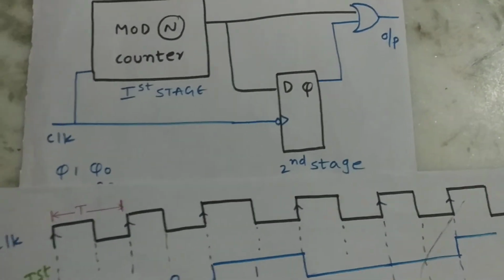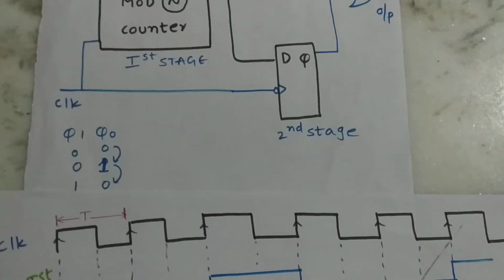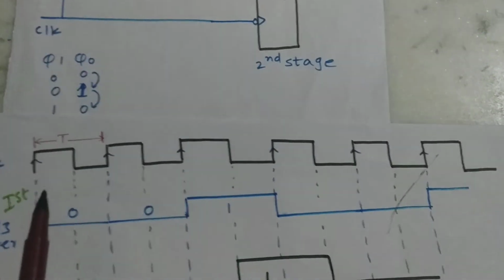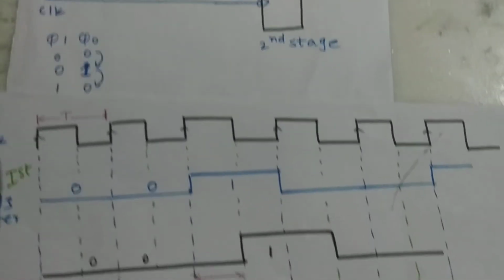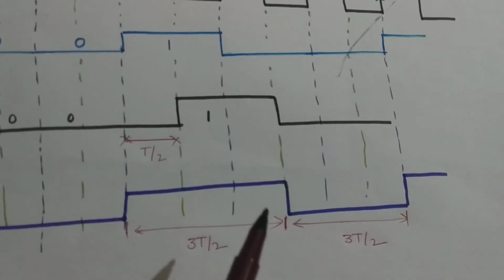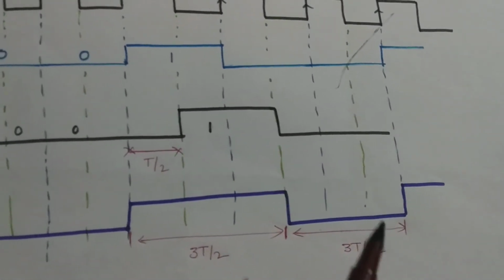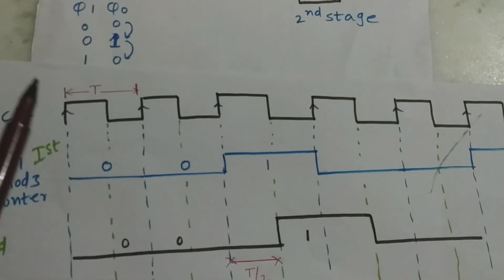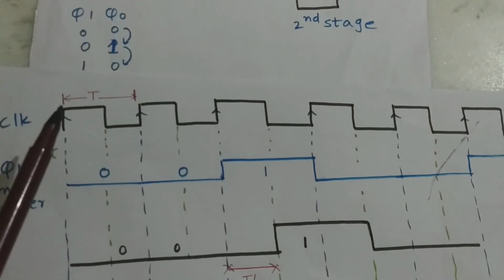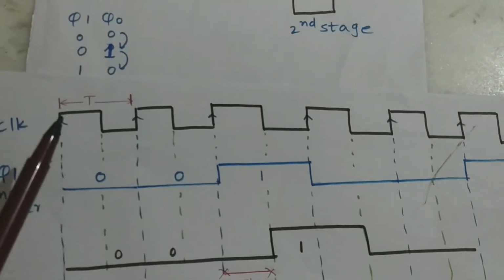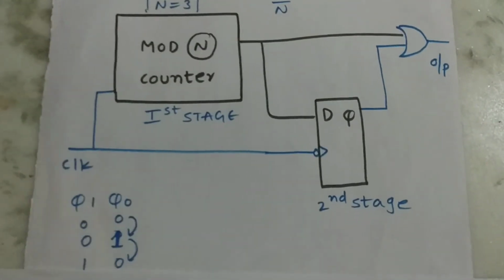As you can see over here, this is the clock, and from this clock we want a clock of 3T by 2, 3T by 2. Now this circuitry is giving us the output as 3T by 2. So let us look at it.